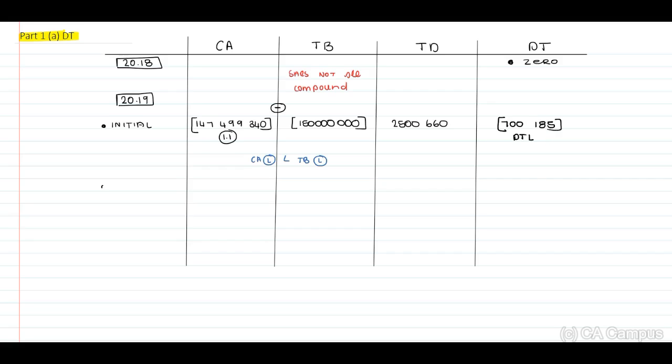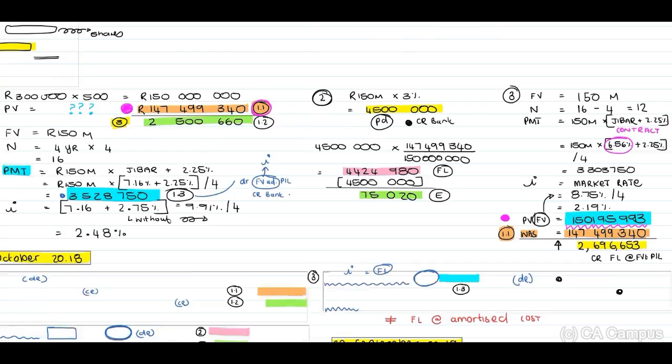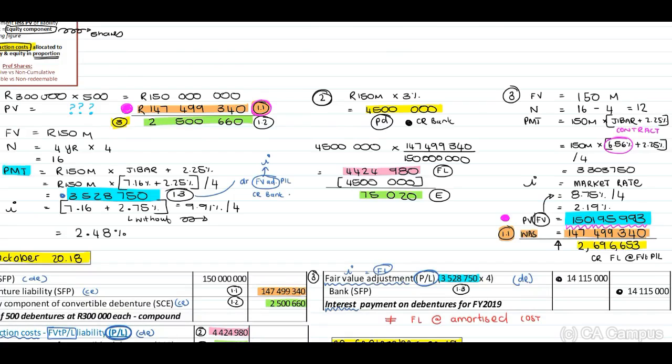Now, at year end, look at this, guys. At year end, our carrying amount will now be, for accounting purposes, the fair value. Therefore, when you look at our calculation on the right side of your screen, calculation 3, this pink circle, our carrying amount will be the 150,195,993.